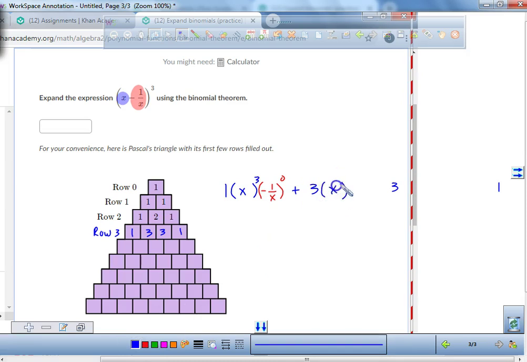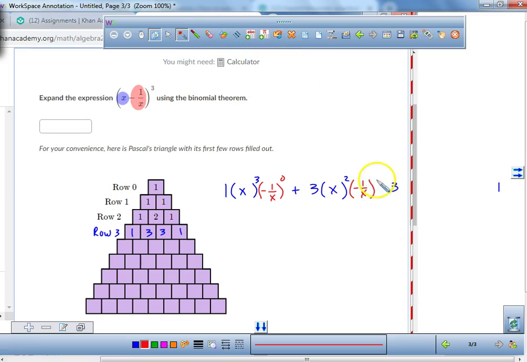So this is going to be x squared. And this is going to be negative 1 over x. Not squared, sorry. Just the first. Because what do these exponents always have to add up to? They have to add up to 3.